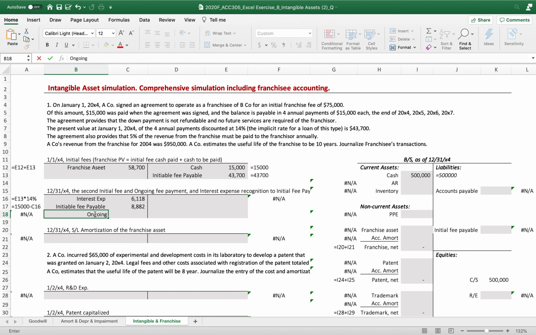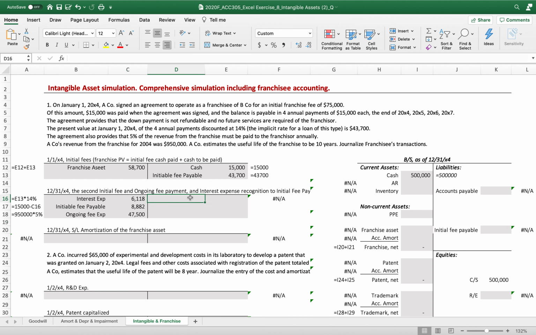Ongoing fee expense. How do you calculate it? 950,000 times 5%, as shown in the contract. The agreement provides 5% of revenue, so 47,500.